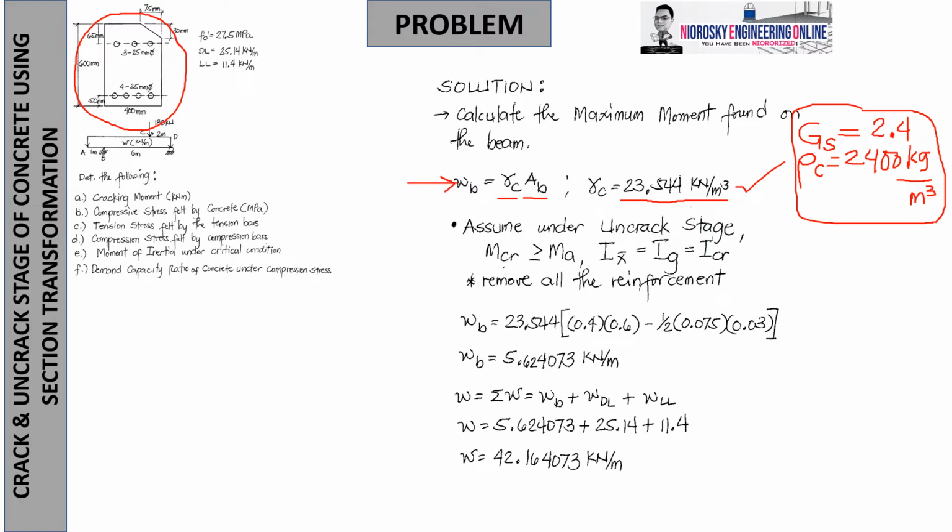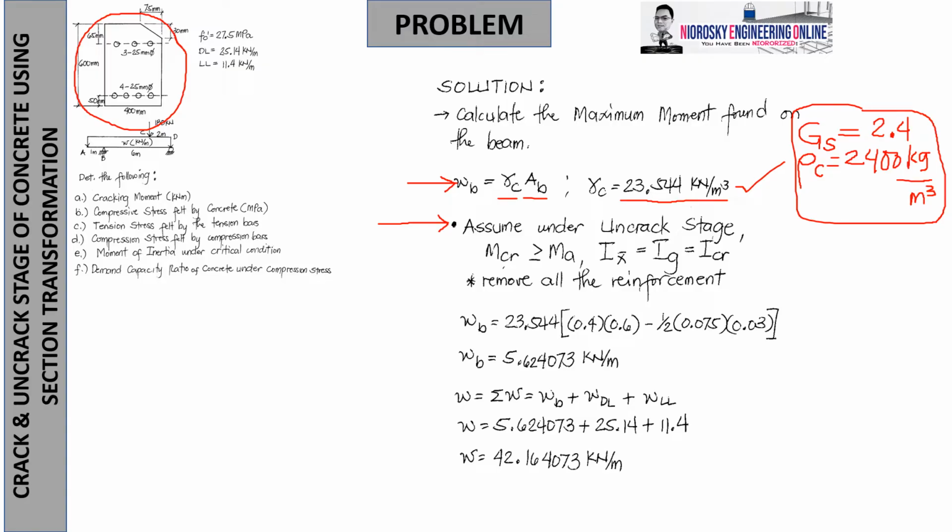Right now, we don't know if the section is cracked or uncracked, so it is safe to assume first the uncracked stage. Meaning, there should be a reference where we are going to look. If we assume the uncracked stage first, this is the elementary way of analyzing a concrete beam.